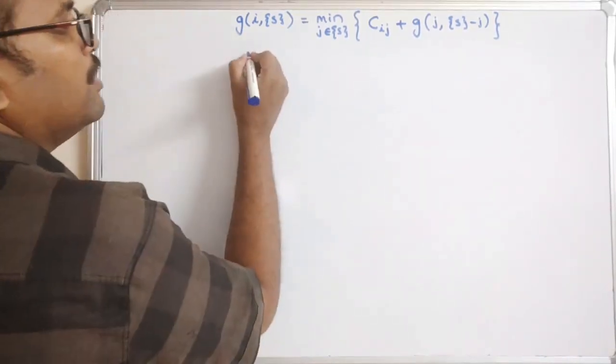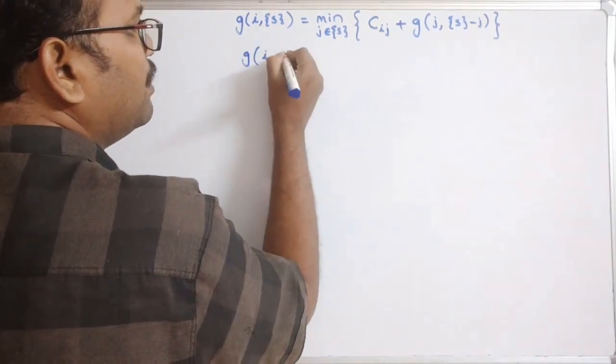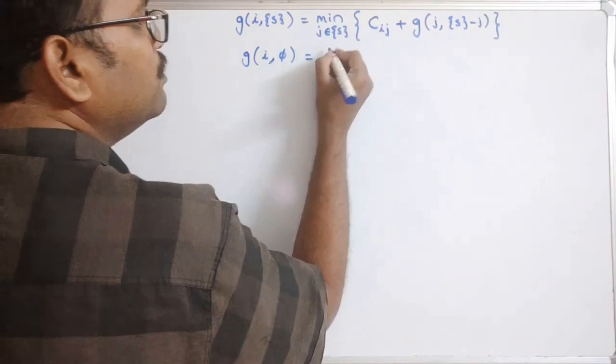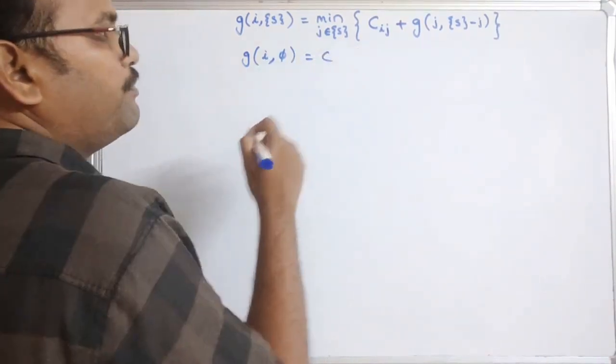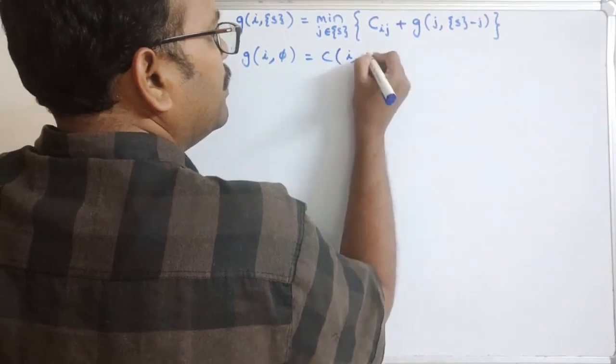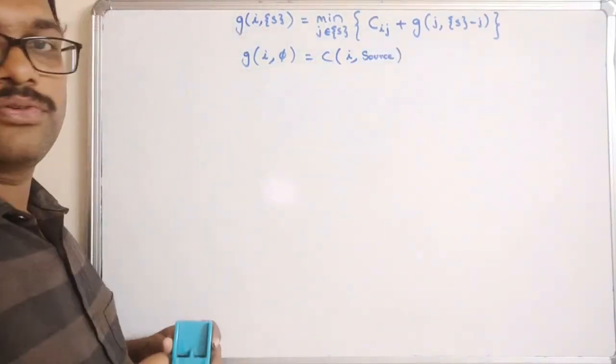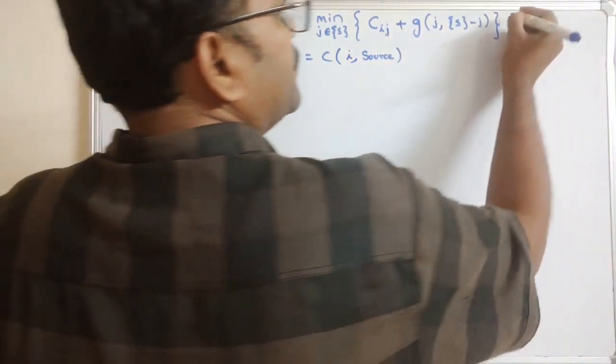And one more formula, g of I comma phi is equal to cost of I comma source. I comma source. Okay, right.